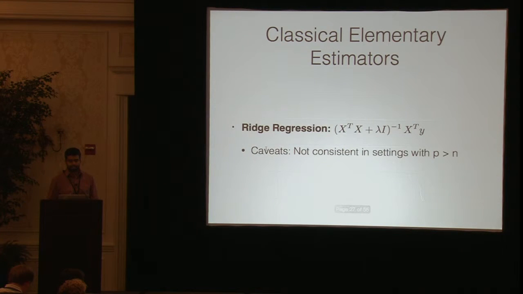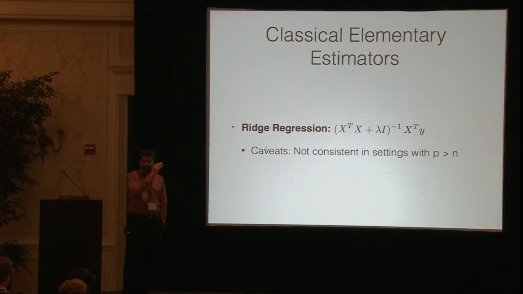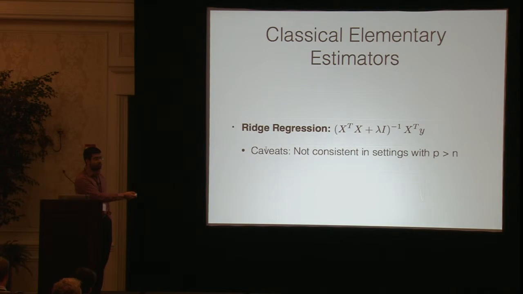But there is a classical estimator that is well defined even in the high dimensional regime, and that's the ridge estimator. That's L2 regularized least squares, and it solves this linear system instead. So instead of the sample covariance matrix, it's the sample covariance matrix plus some terms added to the diagonal. And then you solve the linear system. So it's x transpose x plus lambda I inverse x transpose y.